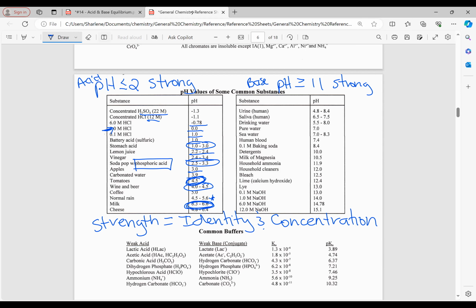Cheese, I made it so I can't see it. Our wonderful cheese. What? Cheese is also acidic? Look at this, 4.8. Boy, could we go into a whole conversation about cheeses, but it also falls into the acidic region. Okay, human urine, look at this range, 4.8 to 8.4.